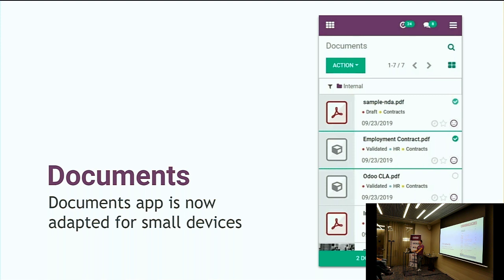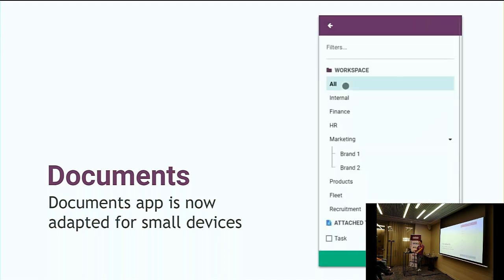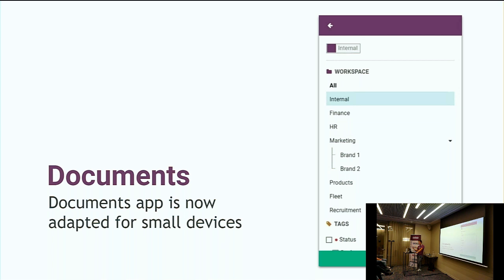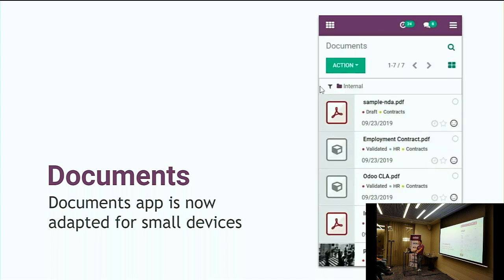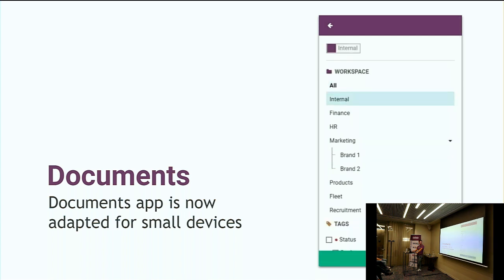You can ask for a review from your boss on a specific document. You can select several documents and download them. So really useful. We have also added different types of view in the document app, and not only the Kanban view as before.